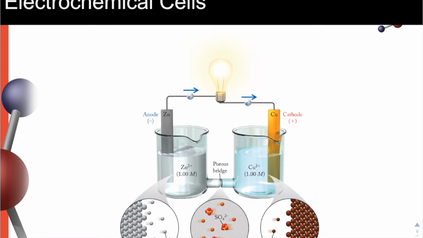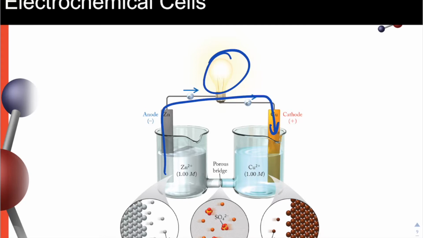So here's an electrochemical cell. It's the same one as before, but now we've separated them, we've added another electrode. And what we have here is zinc once again being oxidized, but the only way for the electrons to get to the copper for it to plate out is to travel up and over like this, and we're going to use that to force it to power a light bulb.